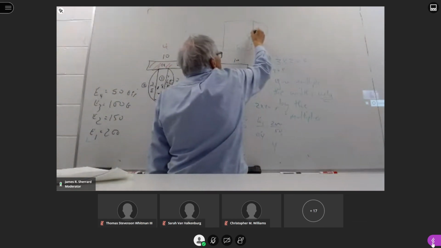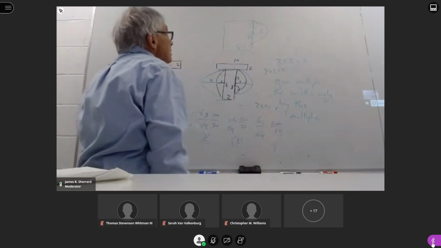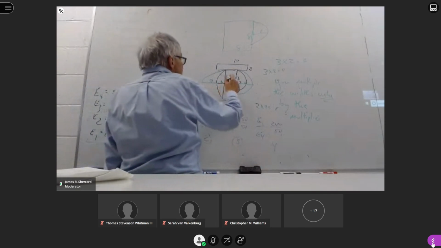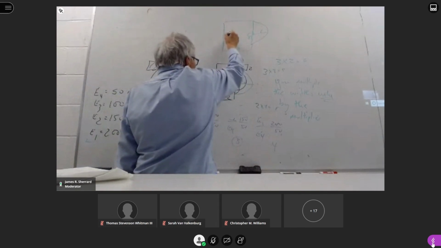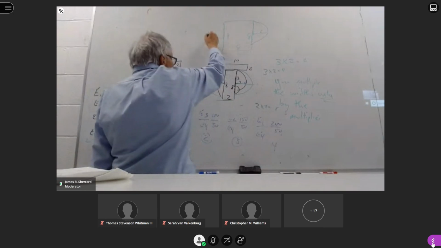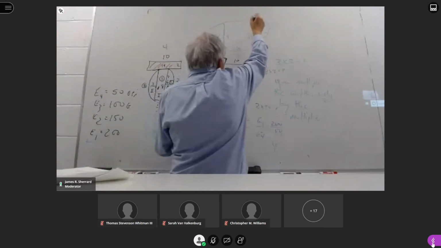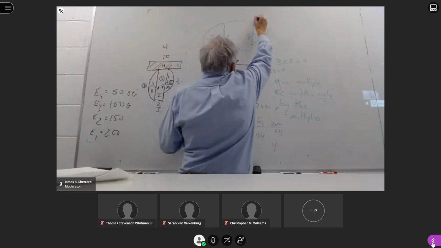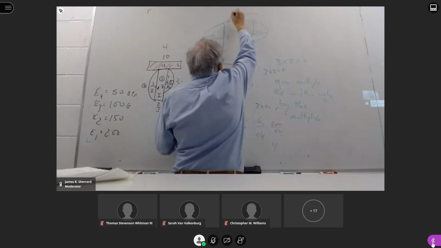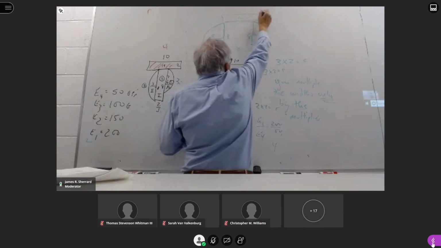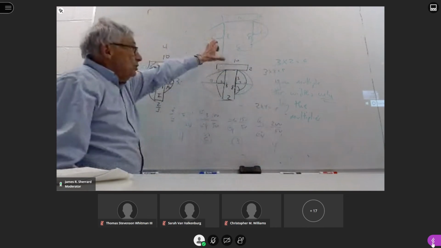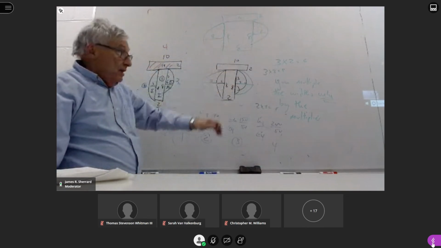This side is going to be 6. This side is still going to be 8. This side is now going to be 9. And this guy on top, the 10 times 2, still stays the same. So that's what the modified shape looks like.